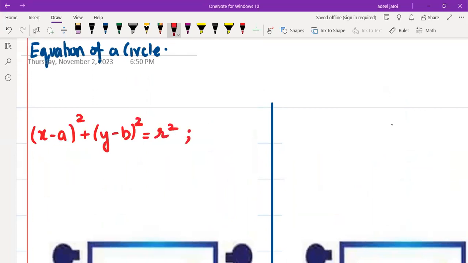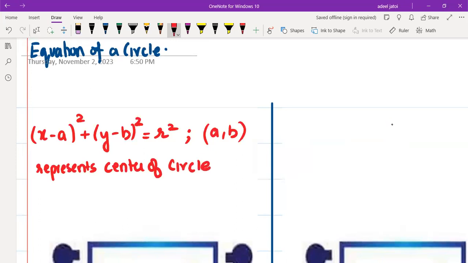This comprises a and b, that represents the center of the circle. So a and b represent the center of the circle.